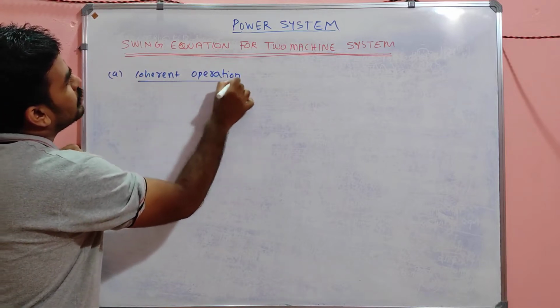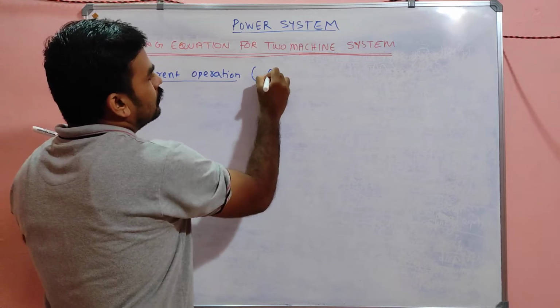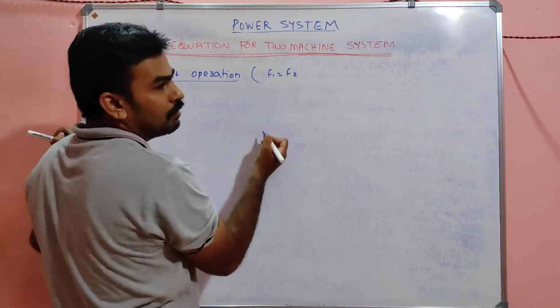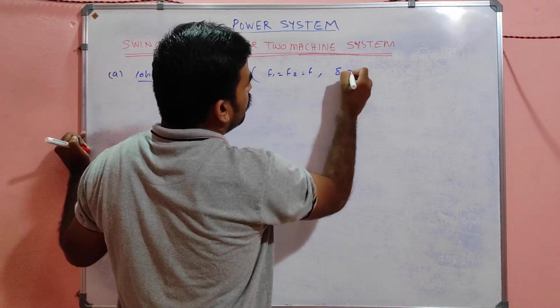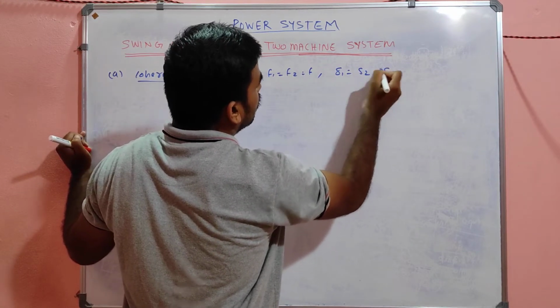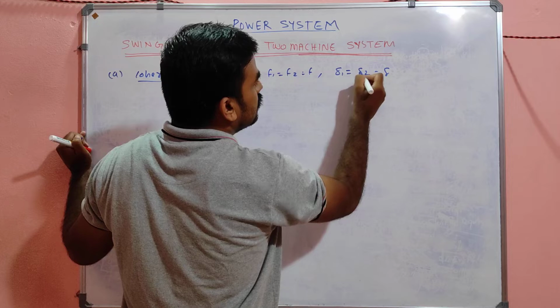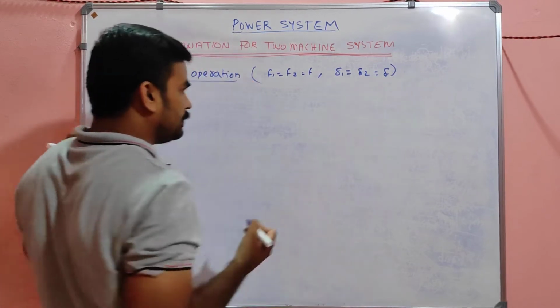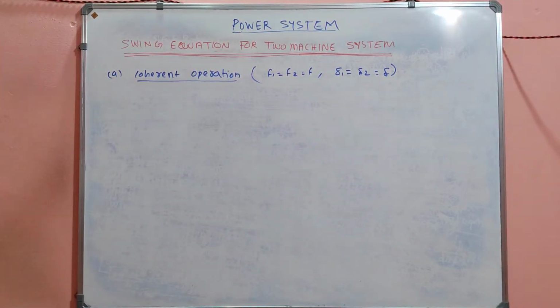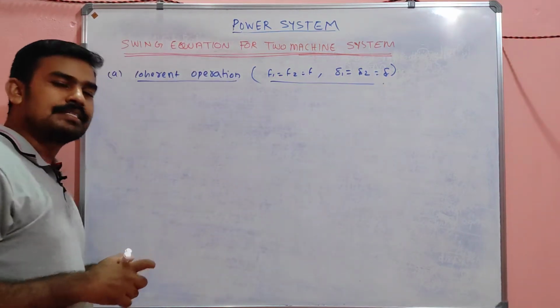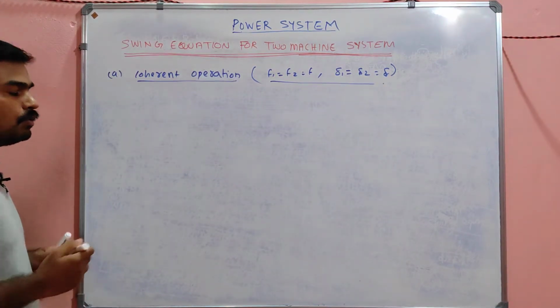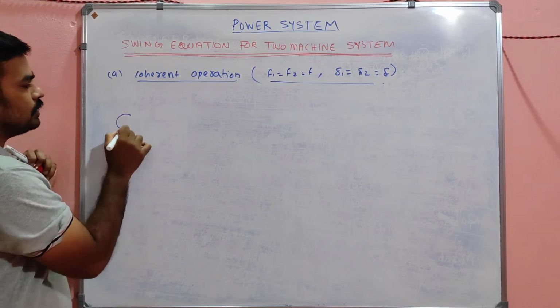Coherent operation is nothing but, my dear, the frequencies are the same, f1 equal to f2 equal to simply f, and δ1 equal to δ2 equal to δ. So when the load angle or power angle and also the frequency of the two machines are the same, it is called coherent operation.